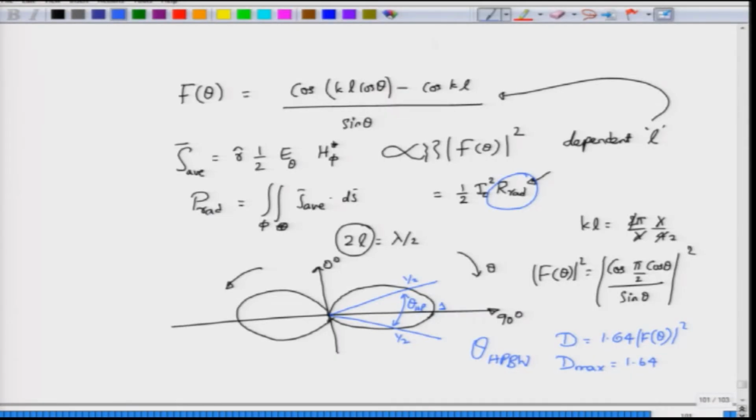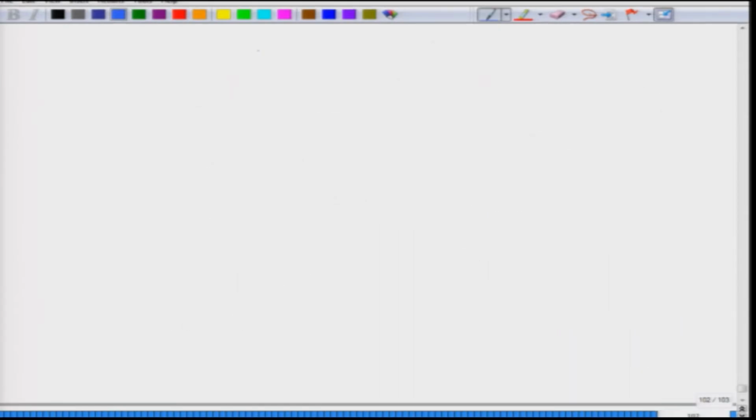Okay. So, I trust that you would have calculated this radiated power, you can use those expressions to calculate the radiated power, and you can show that for the case of 2L equals lambda by 2, that is for the half dipole, half wavelength dipole or half wave dipole as sometimes we call it, half wave because it is half a wavelength out there.